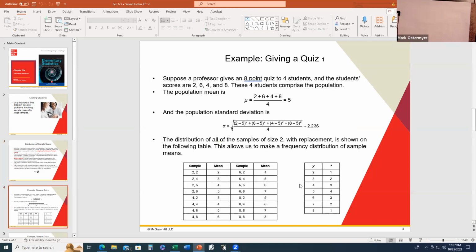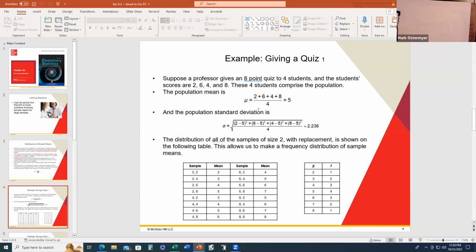Okay. All right, let's take a look and try to breathe life into what just happened there on the previous slide. Suppose that a professor gives an 8-point quiz to 4 students, and the student scores are 2, 6, 4, and 8. These 4 students comprise the population for our purposes here, and the mean of this population is easily found by adding these 4 scores together and dividing by 4.